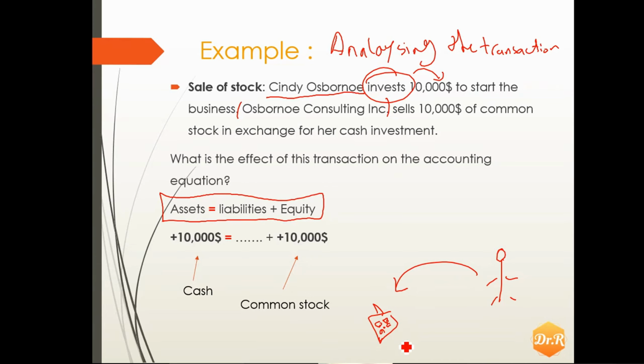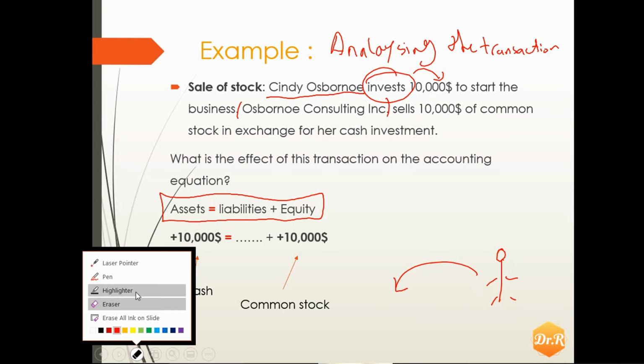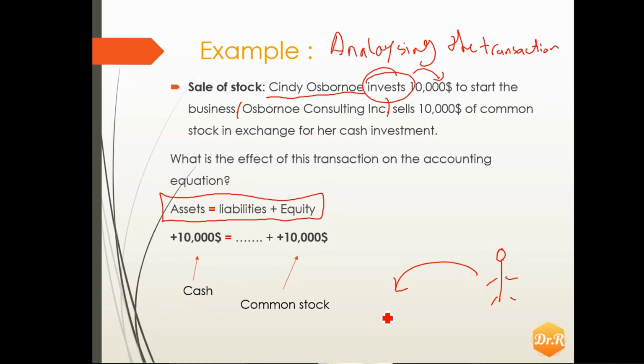This is the company. I'm sorry, the building is not nice at all. So this is the owner giving money to the company as an investment to start the company.